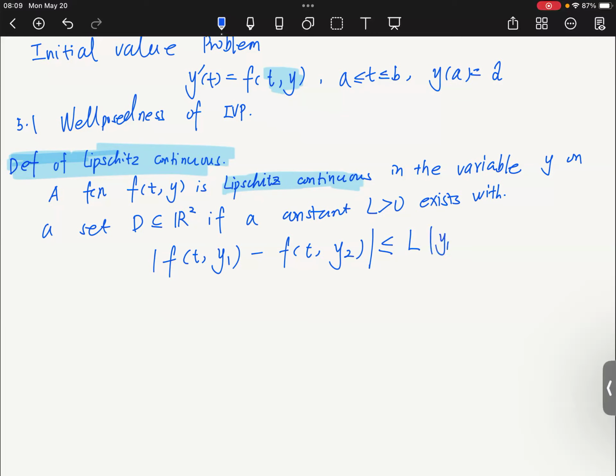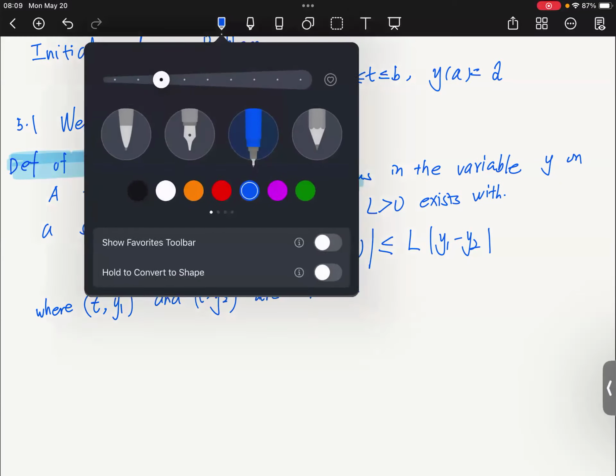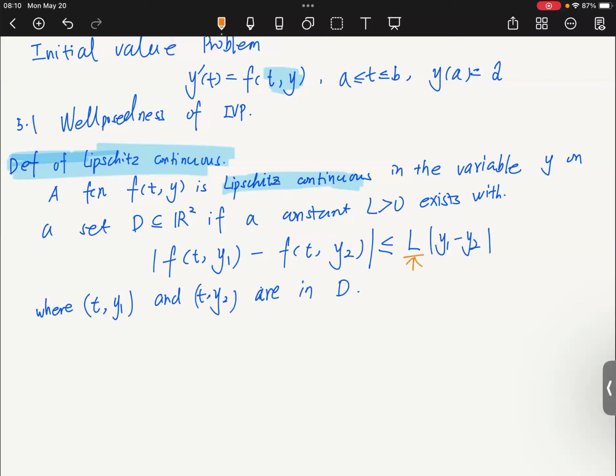This is the definition of Lipschitz continuity in the variable y. Of course, we need the two variables to be in the domain D. We also call this L the Lipschitz constant.